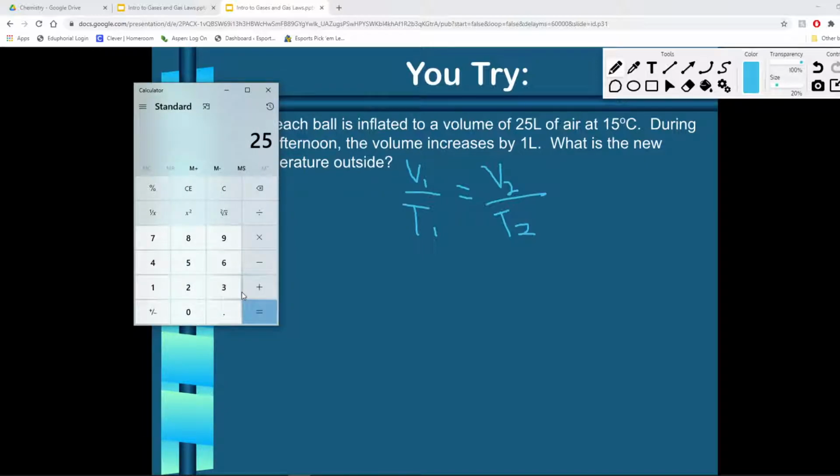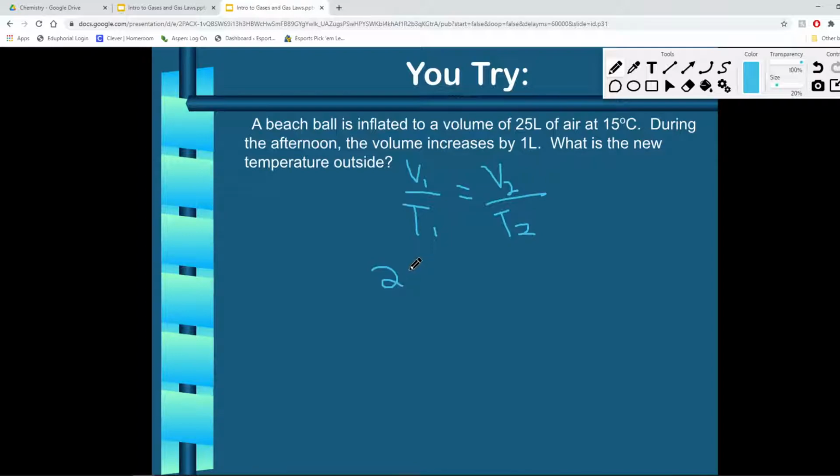So 25 plus 273 comes out as 298. So 298 is going to be our T1, and our initial volume is 25 liters. So we're going to have 25 over 298.